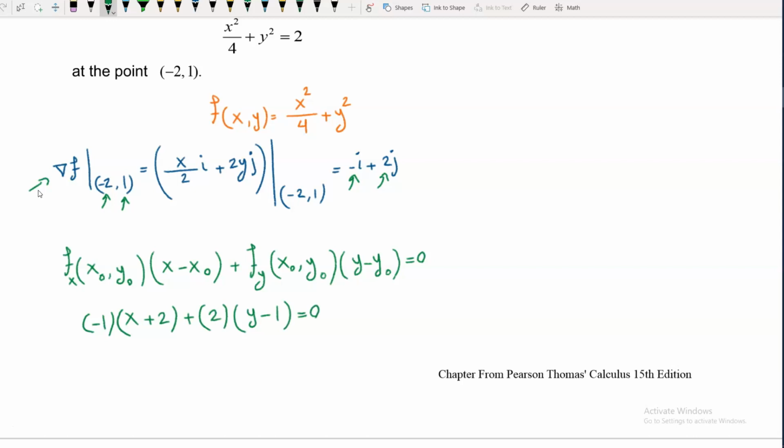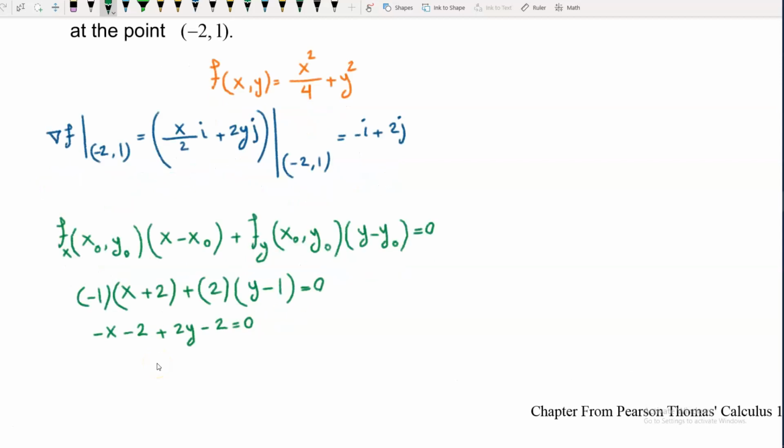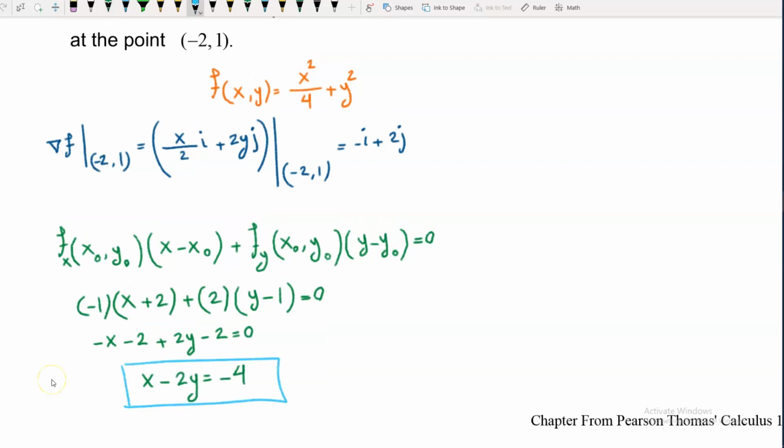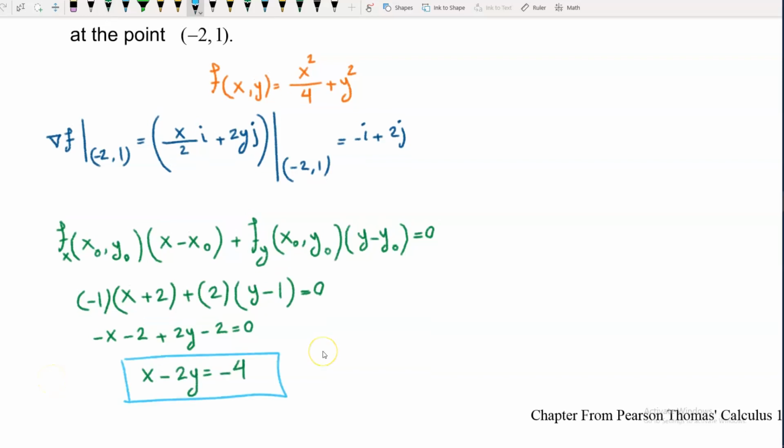So here we have negative x minus 2 plus 2y minus 2 equal to 0. So this is x minus 2y equal to negative 4. So this is our equation.